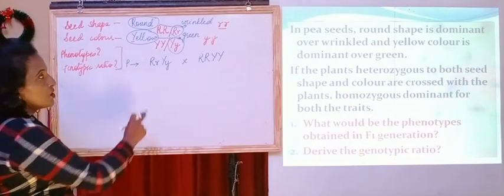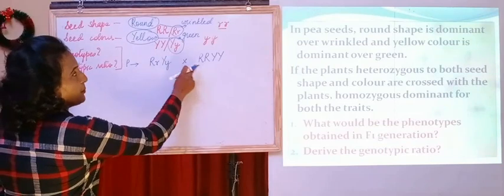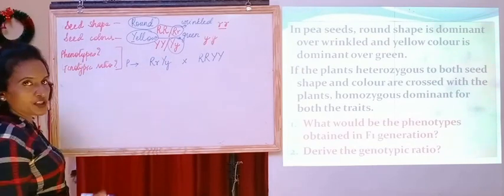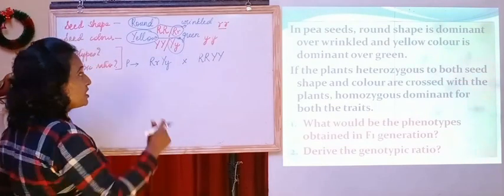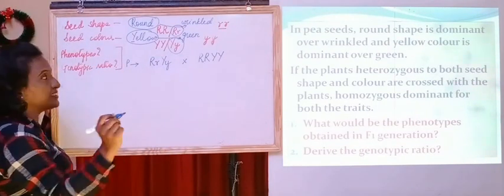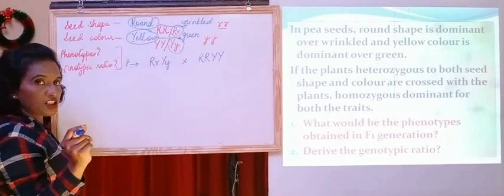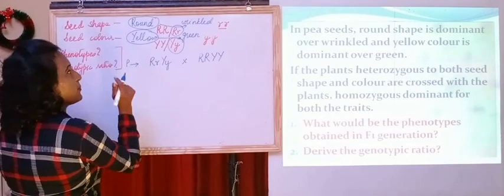Right. So since we have already mentioned here, one is heterozygous parent, another one is homozygous. So we should always write down the genes or the characteristics which are mentioned in the parents.